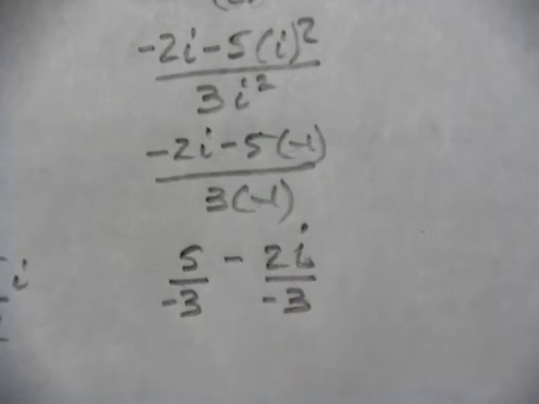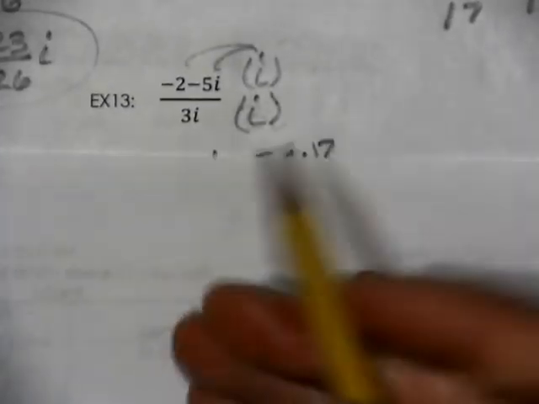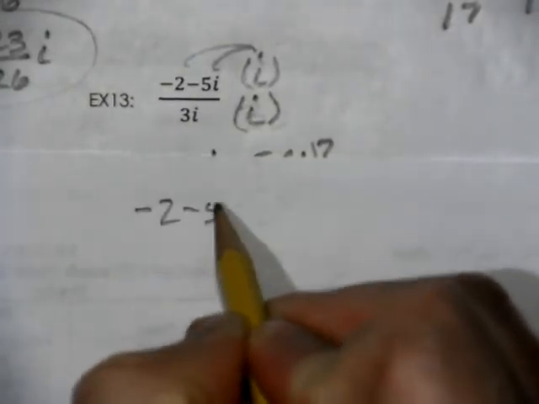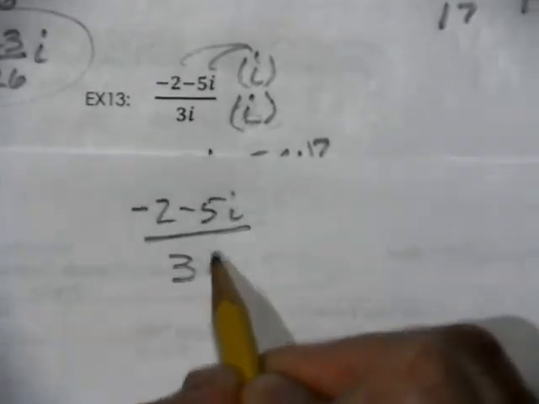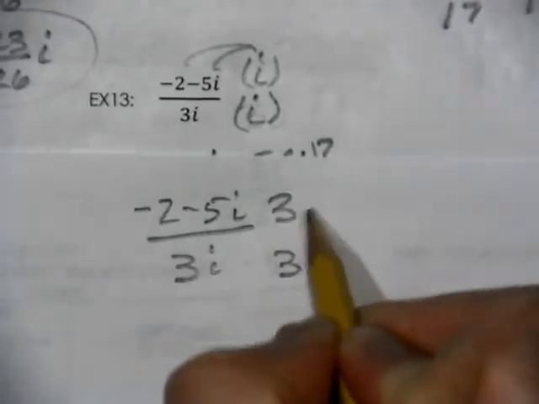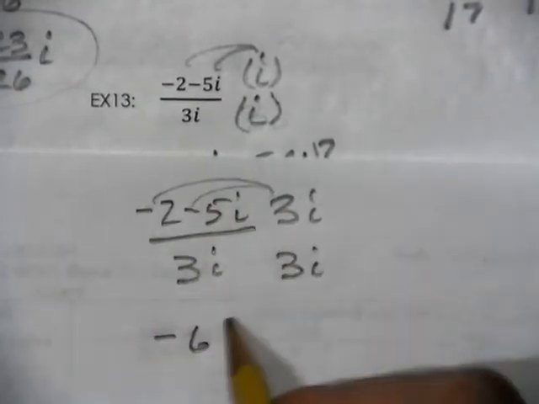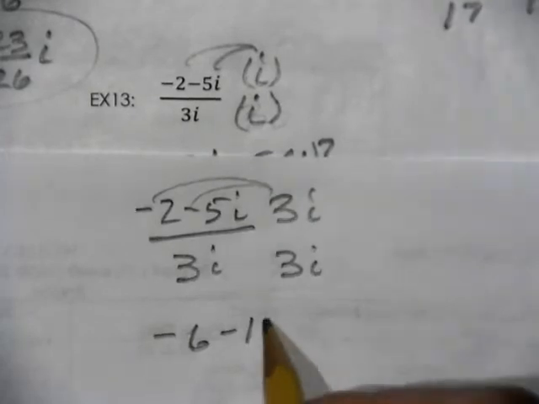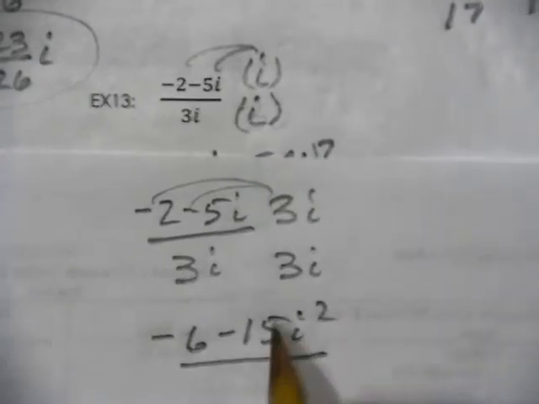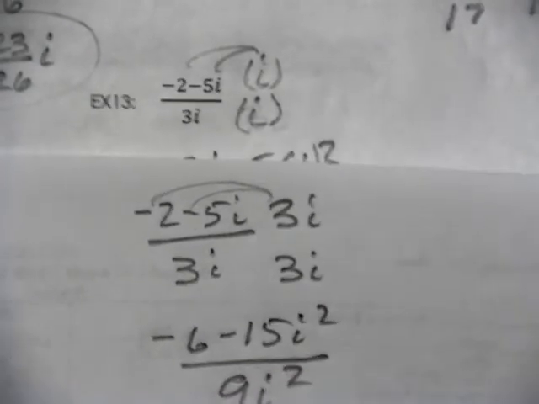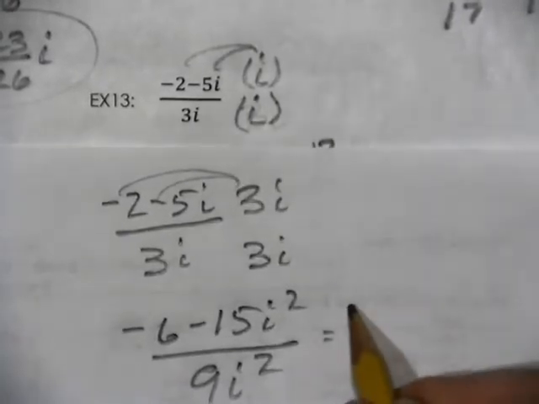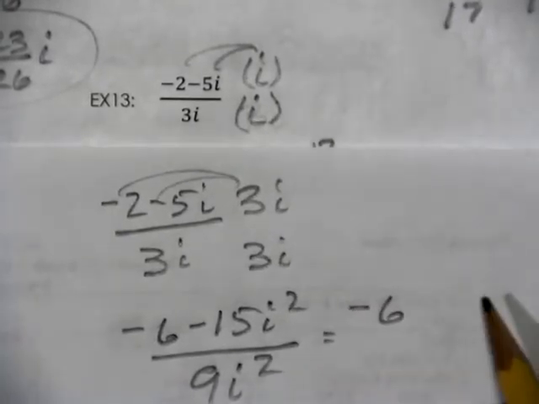Now let me show you real quick what would have happened if we would have multiplied by the 3i. Most of you probably would have thought about multiplying by 3i. Here we would have gotten negative 6 minus 15i squared and 9i squared. That would have given us negative 6i.